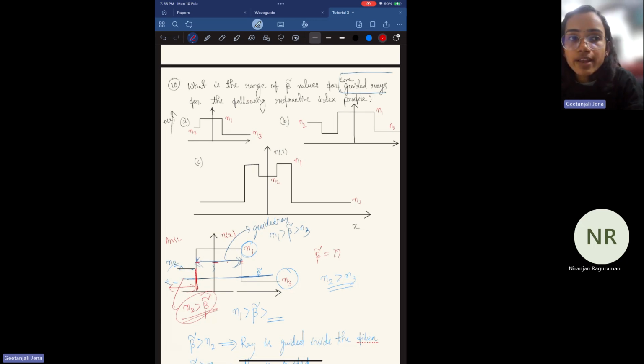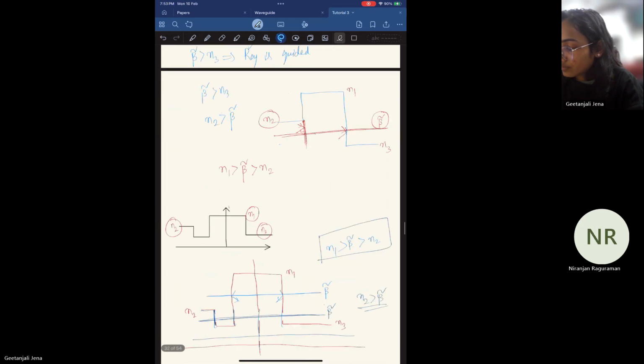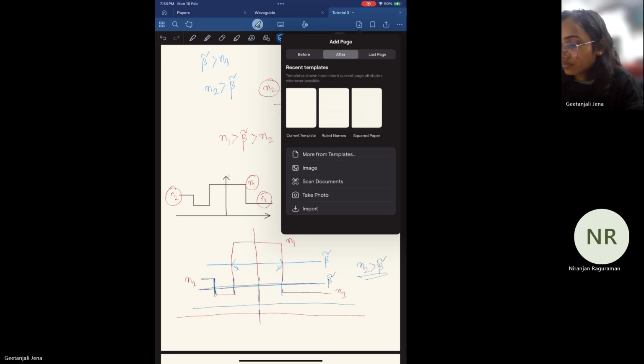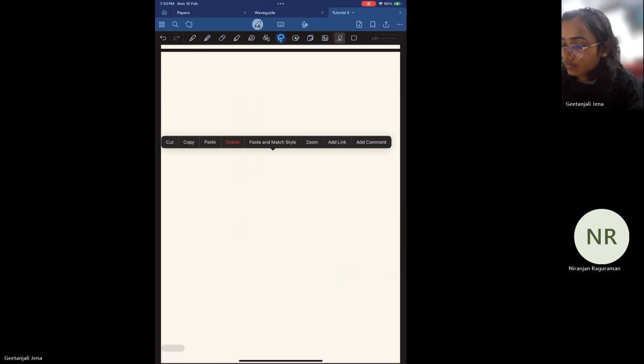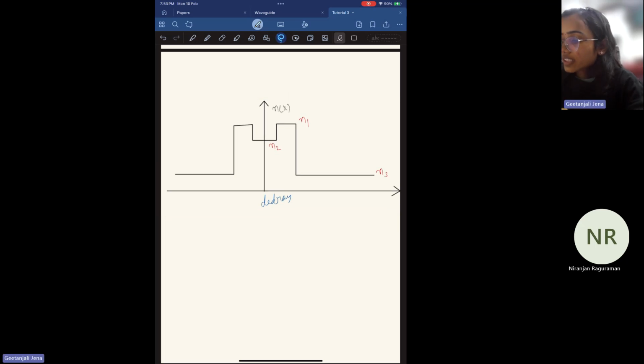So now, last we have this one. Here, if you see the core refractive index, it is N1 and there is an N2 here, which is a depressed cladding, and there is an N3 here.